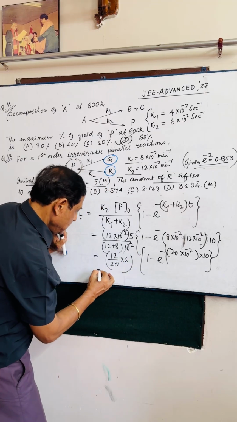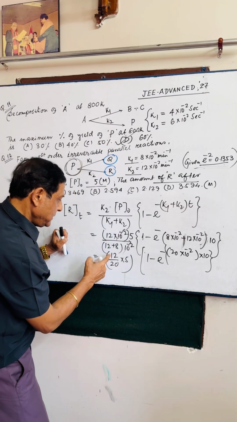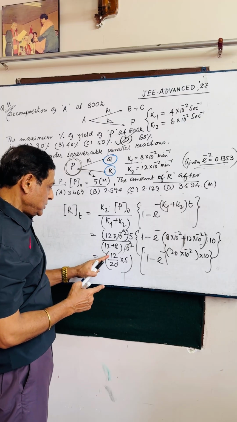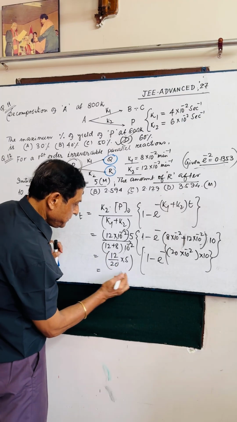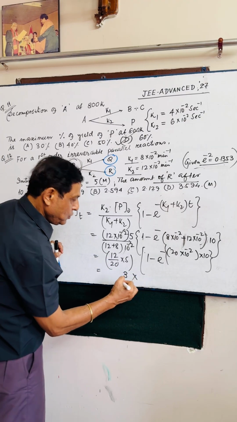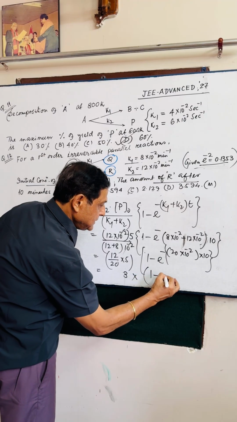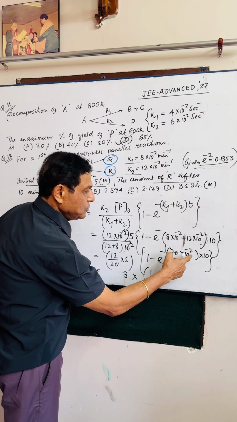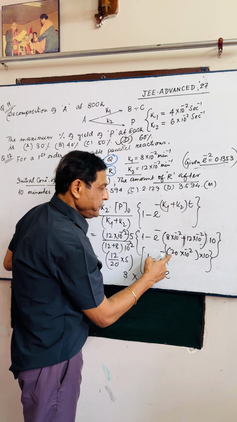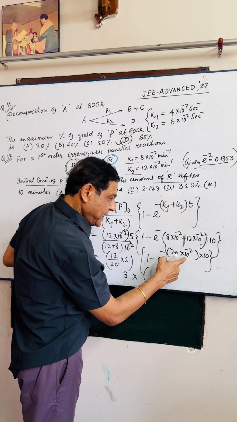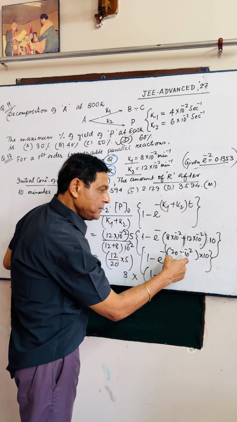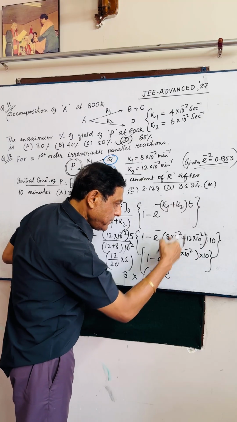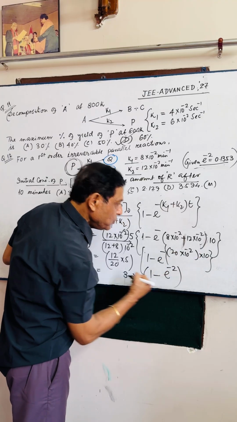That is 12 by 20, that is 3 by 5, the 5 cancels, so 3 into 1 minus e to the power minus 20 into 10 to the power minus 2 into 10.